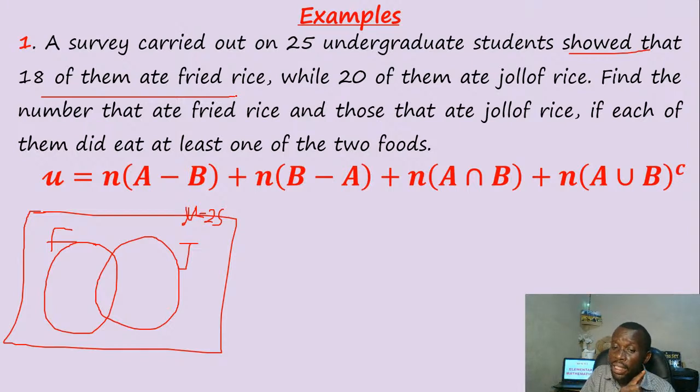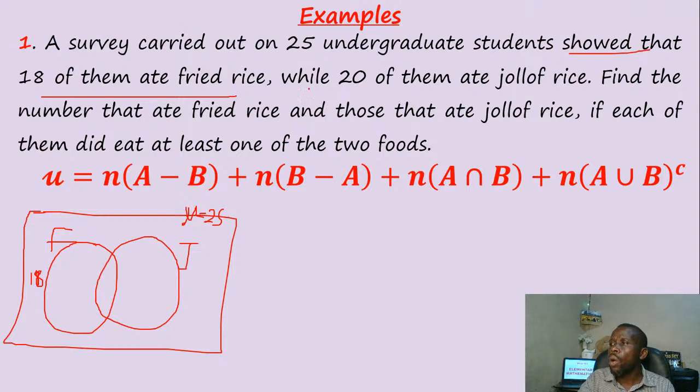Some of those 18 still sneaked and went ahead to eat jollof rice. Jollof rice is very sweet. Now, if you want to put that 18, you can't put it inside the fried rice. So I will put that 18 outside the fried rice, because we are not told only fried rice. As soon as it's only fried rice, I will put it inside the box. That is the first thing.